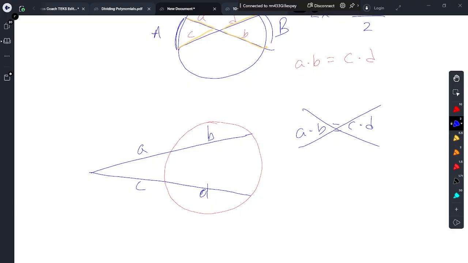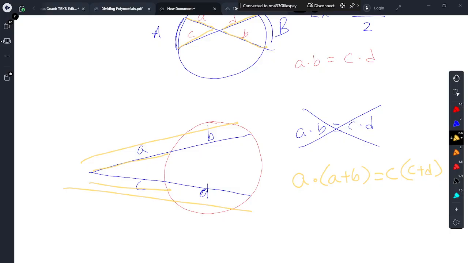Memorize it this way: it's the outside times the whole thing is equal to the outside times the whole thing. So the outside would be what? A times the whole thing, A plus B, is equal to C times C plus D.